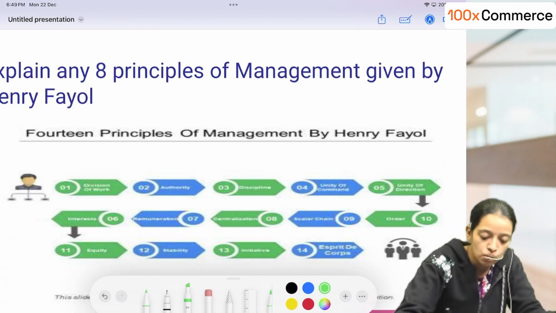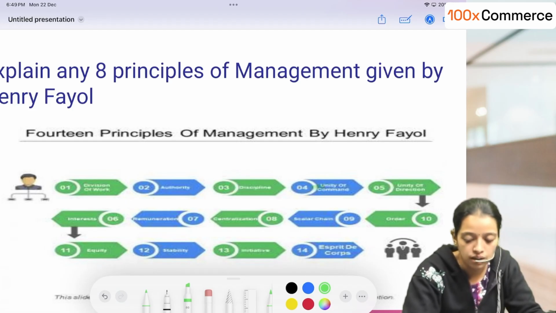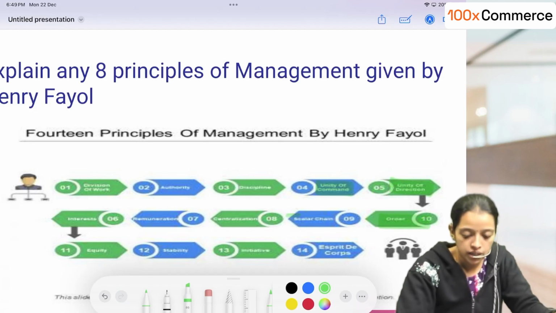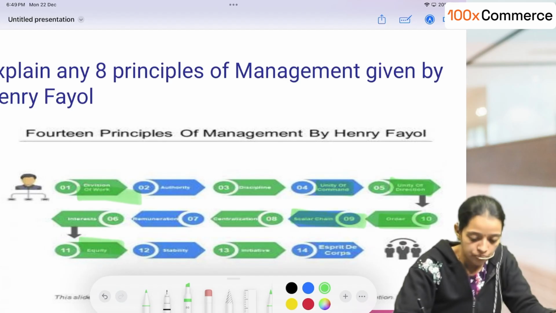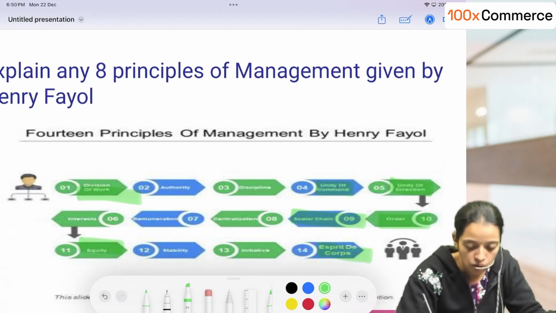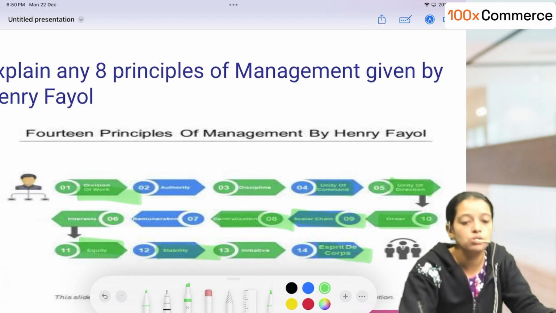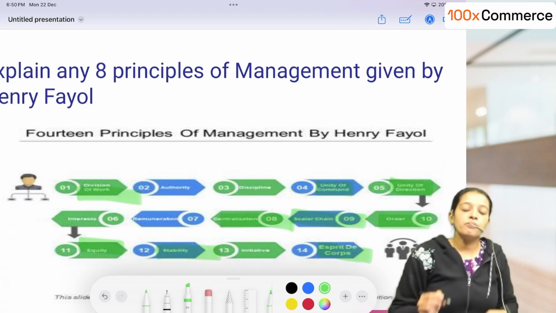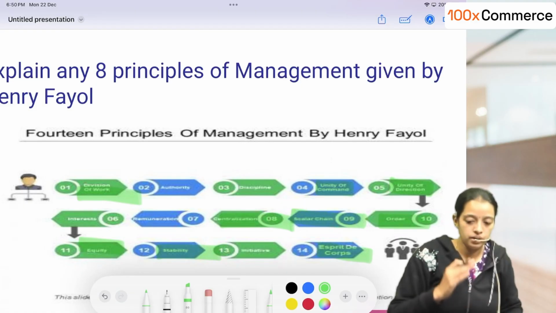Starting with any of them, like we have unity of command, unity of direction, order, scalar chain, division of work, equity, then esprit de corps, then stability of tenure, remuneration to employees. Any of these 8 points you can explain properly.